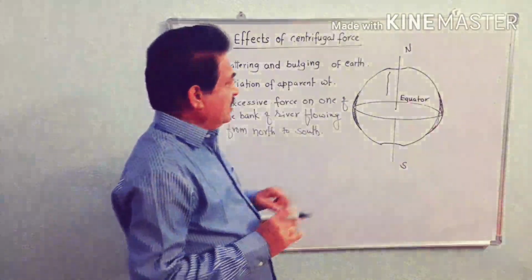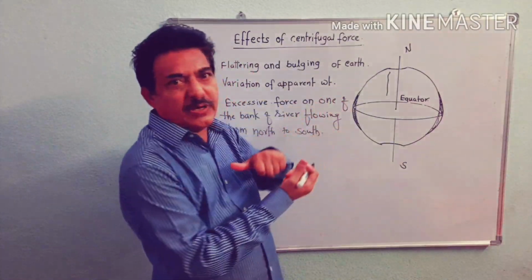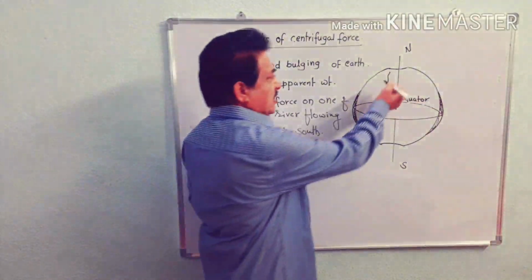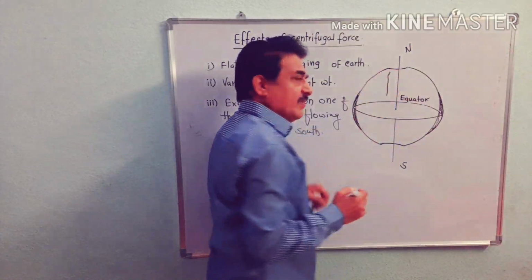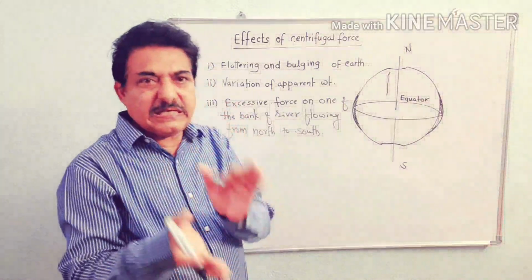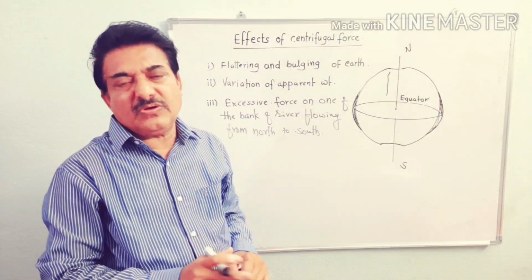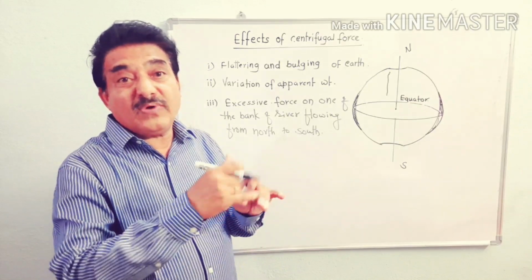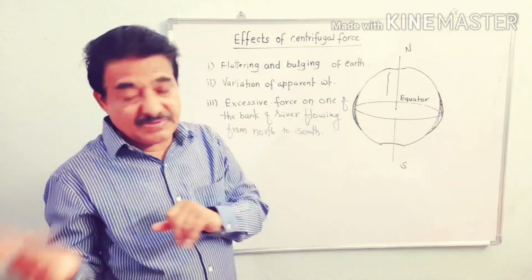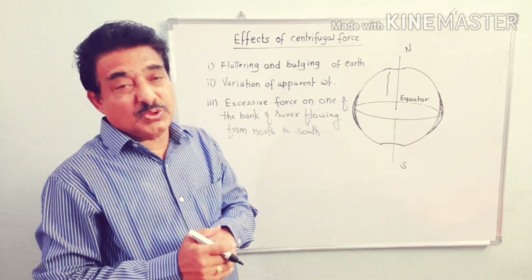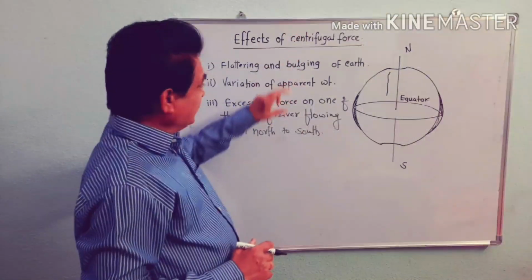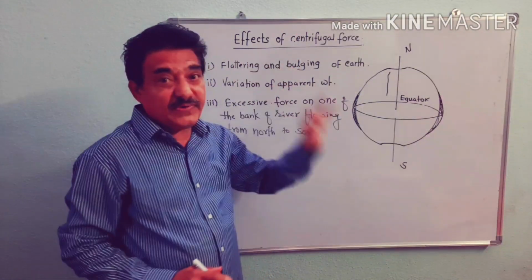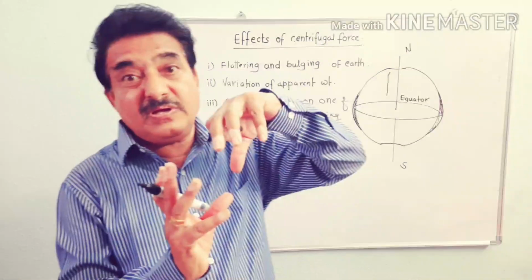Then due to the spinning motion, the water present in that river will exert an excessive force on one bank of the river. So the erosion of one bank of the river is maximum. So these are the effects of centrifugal force or the effects of the spinning motion of the earth.